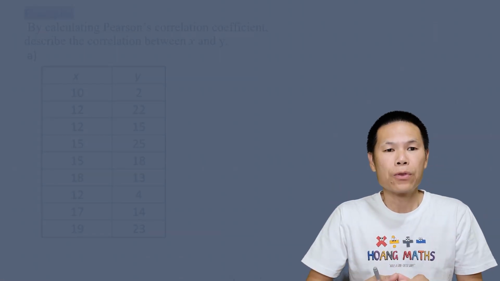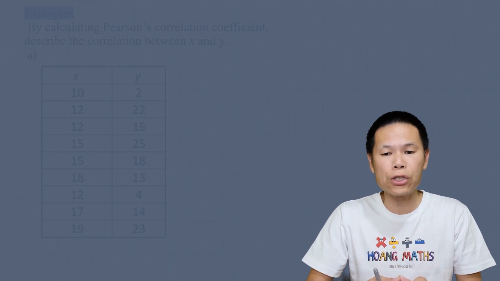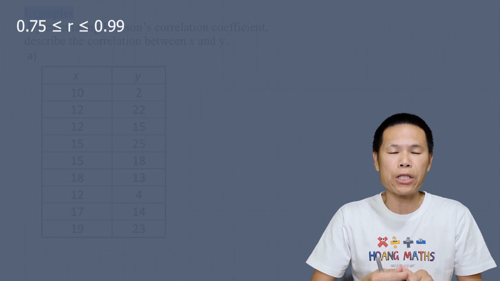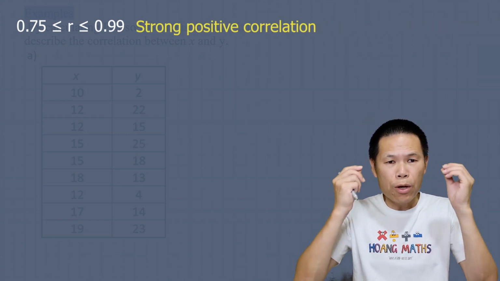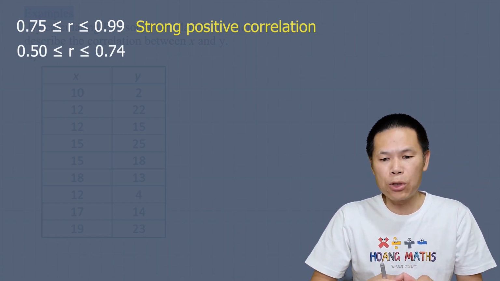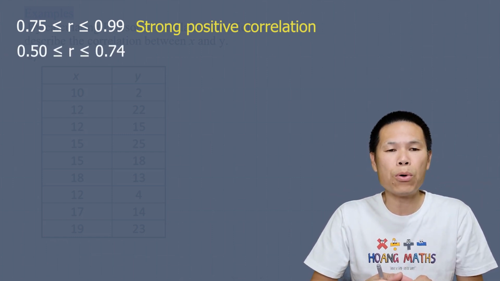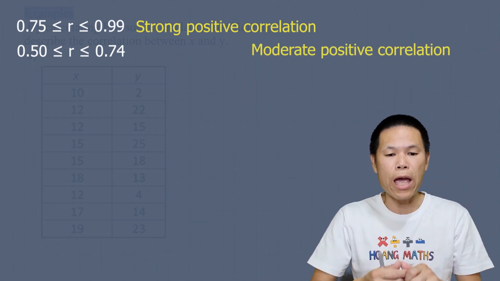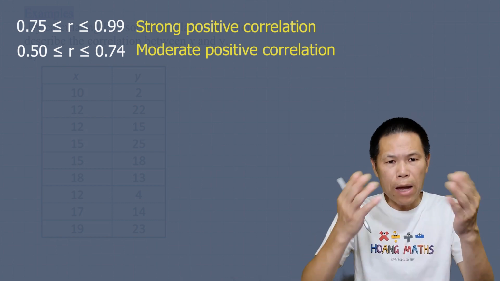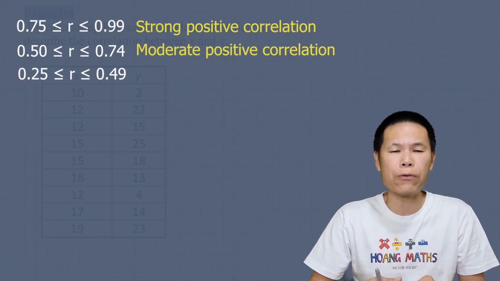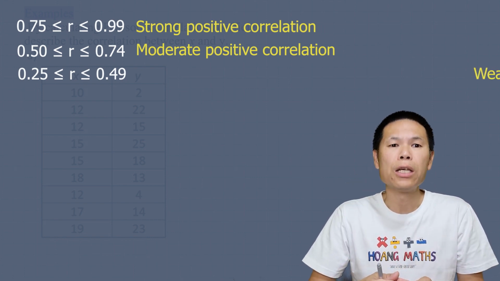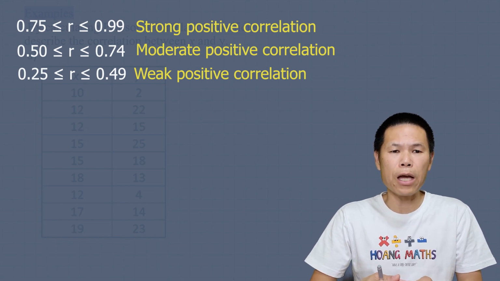If R, the correlation coefficient, is between 0.75 to 0.99, we have a strong positive correlation. If R is between 0.5 to 0.74, this means we have a moderate positive correlation. If R is between 0.25 to 0.49, the correlation is weak positive. Okay, keep that in mind.